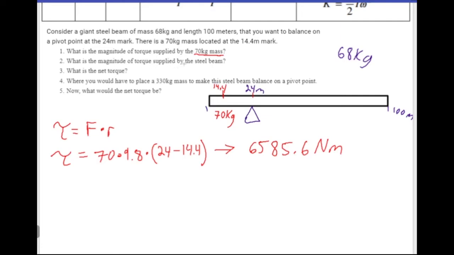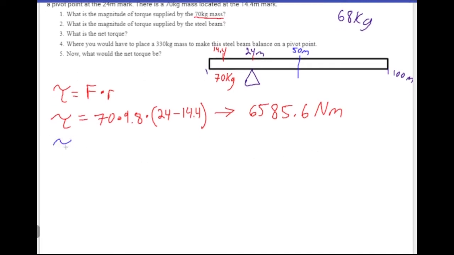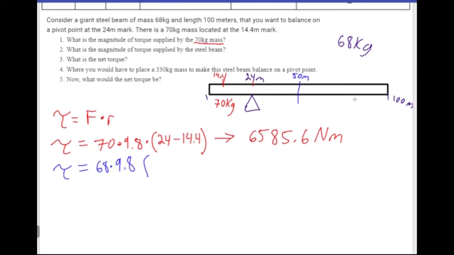Next, we want to figure out the torque supplied by the steel beam. Well, we said the steel beam has a mass of 68 kilograms and a length of 100 meters. Since it's a uniform steel beam, that means that all this mass can really just be located right in the middle, which is 50 meters. So if we're looking for the torque of the steel beam, we know that the force is going to be the mass, which is 68, times 9.8, times r. Again, r is the distance from the pivot point.